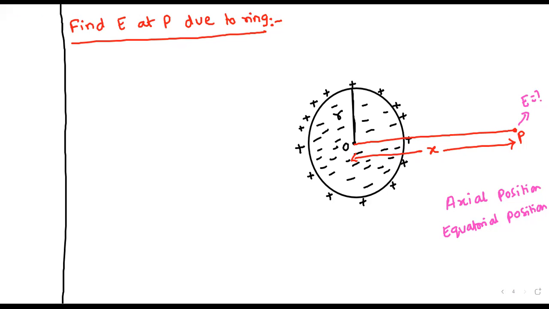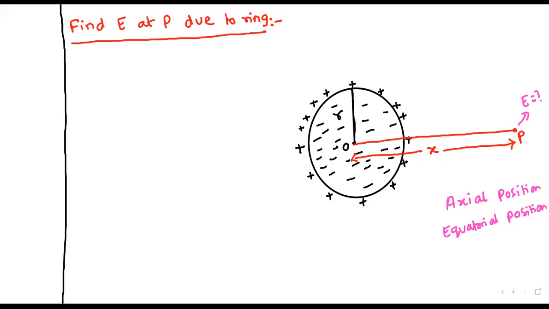Let me repeat once again. If the point lies along the line joining the charges or passing through the center of the conductor, then it is called the axial position. If the point is perpendicular to the line joining the charges or perpendicular to the center of the conductor, it can be called the equatorial point.